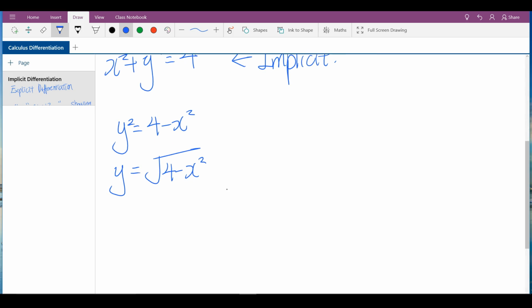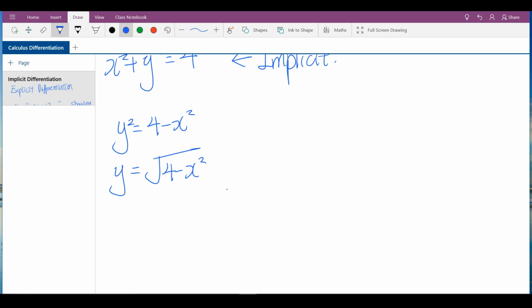So year 11 and year 12 students have been taught to rearrange the equation to make y the subject. You heard that a lot. So we are changing it from an implicit form back to an explicit form, so we can differentiate it, derive it.